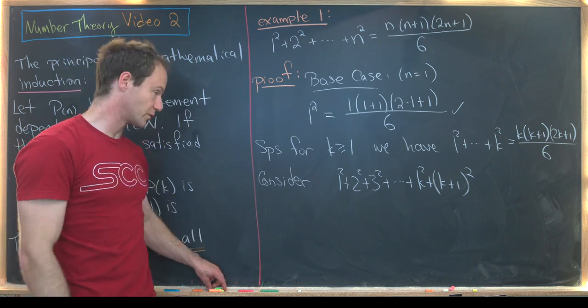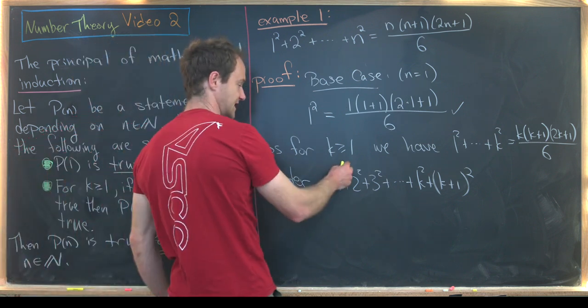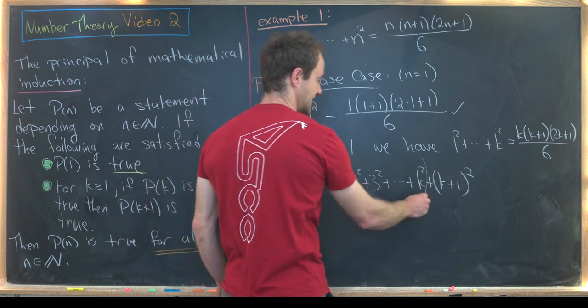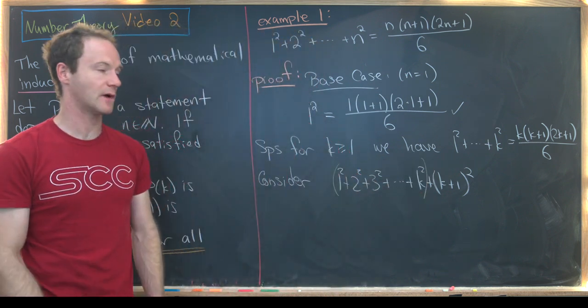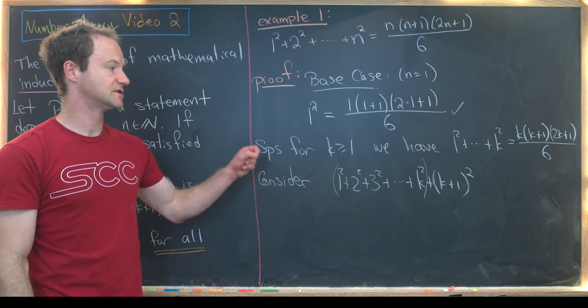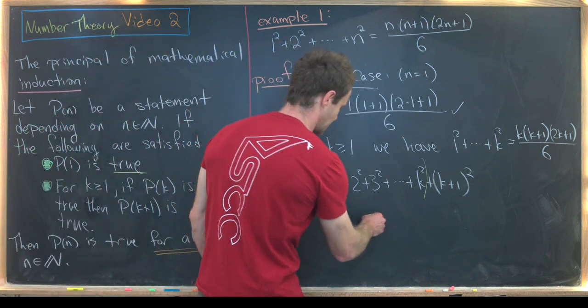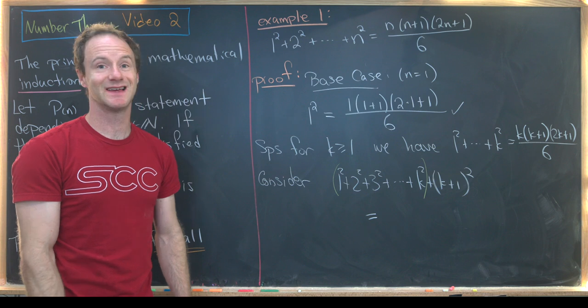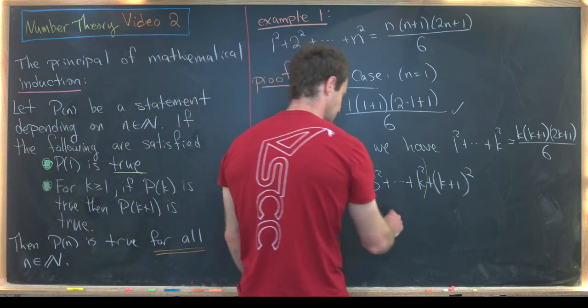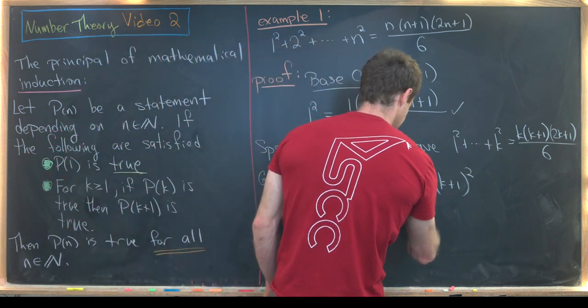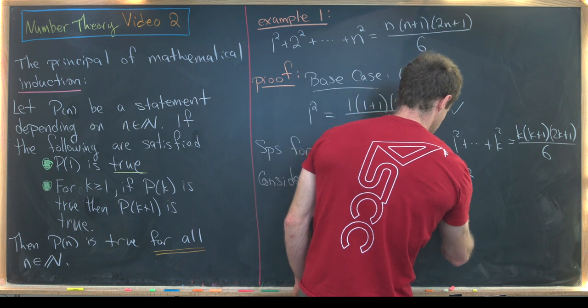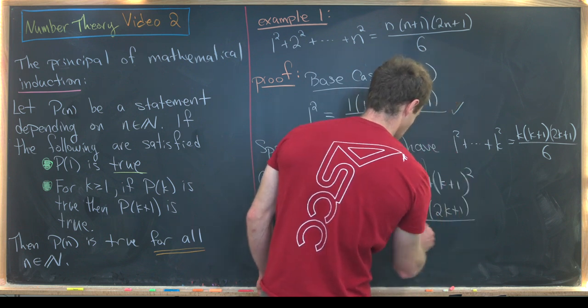But what we really notice here is that these first k terms group together into our induction hypothesis. So that means we can apply the induction hypothesis to those first k terms. That's going to leave us with k times k plus 1 times 2k plus 1 all over 6.